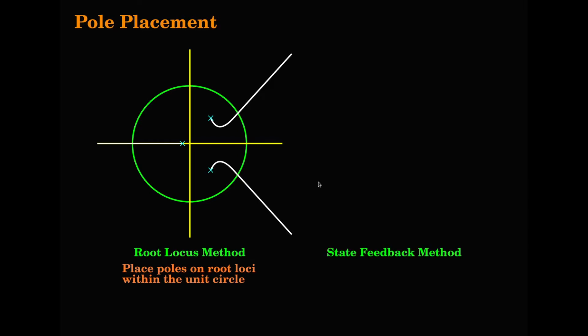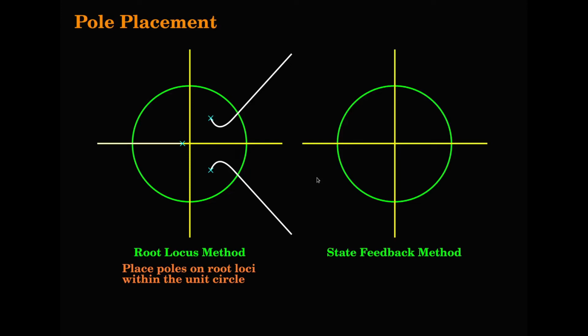Compare this with the state feedback method. What is it? The preview is like this. You have the Z plane and you have the unit circle, and the advantage here in the state feedback method is that for the same three open loop pole system, you can place the closed loop pole anywhere within the unit circle.